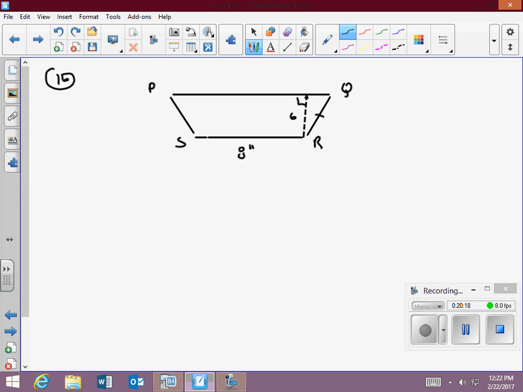And then this side equals this side. I haven't drawn it so that it appears that way, but that's what it's supposed to be. And so this is 6 too. Calculate the perimeter and the area of the trapezoid.